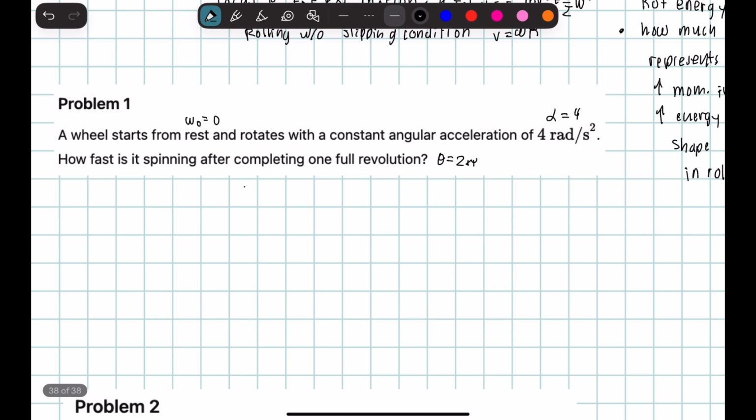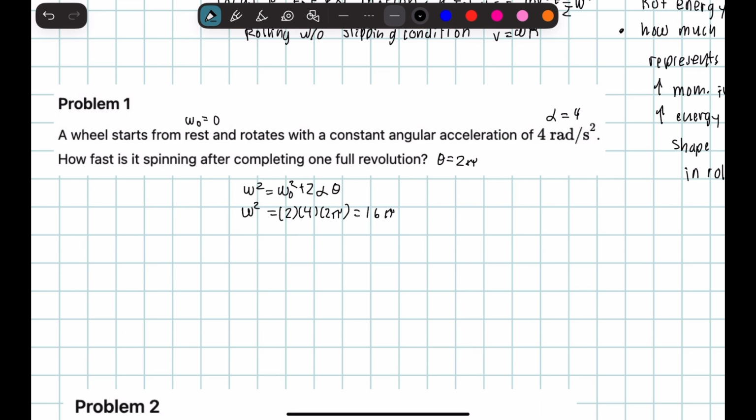So we use the CAKE equation omega squared is equal to omega initial squared plus 2 times alpha times theta. So omega squared is equal to 2 times 4 times 2 pi, which is 16 pi.